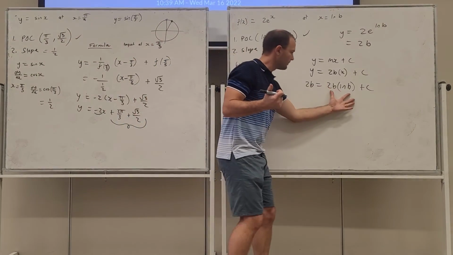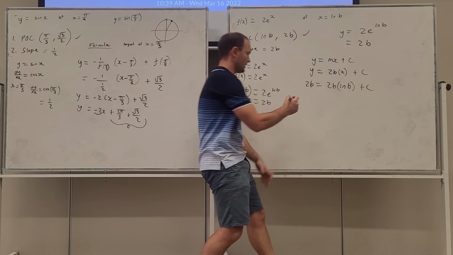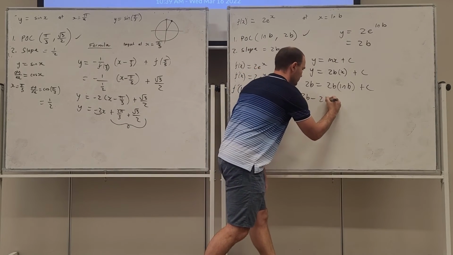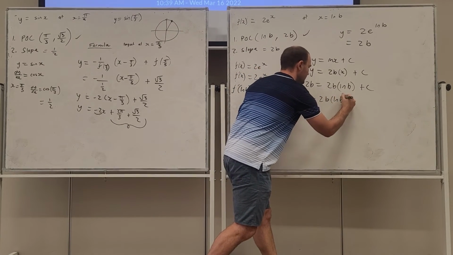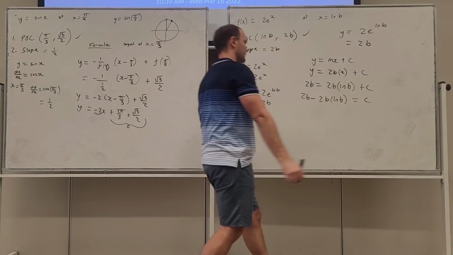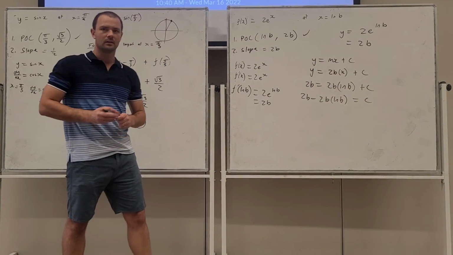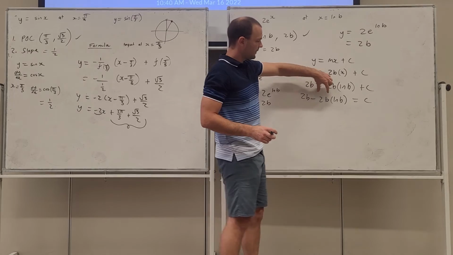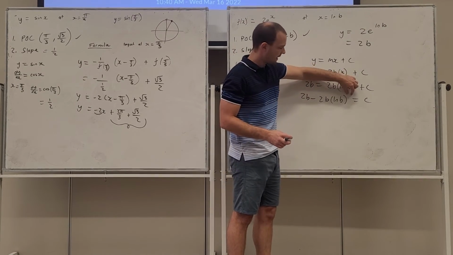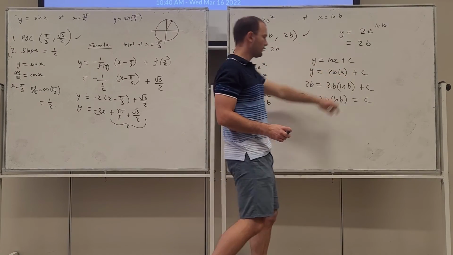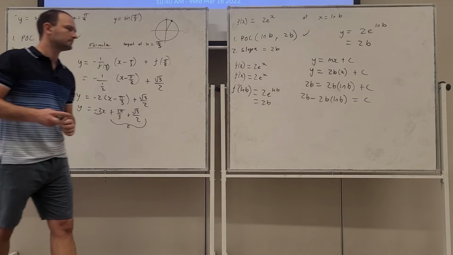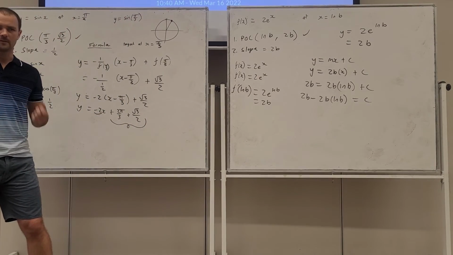So I'm just going to move this over to this side. You have 2b, take 2b times ln(b) equals c. I've taken it away. Now maybe you're noticing that 2b could become a power of b. We'll leave it there for now, because we've got the value of c.